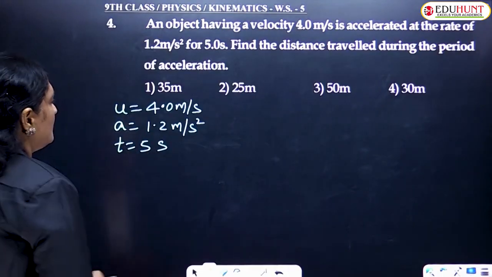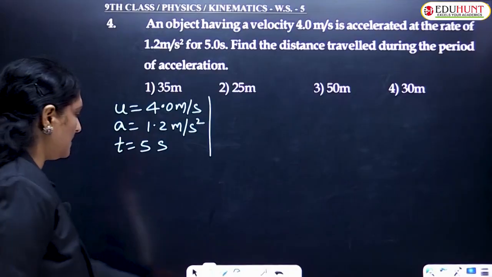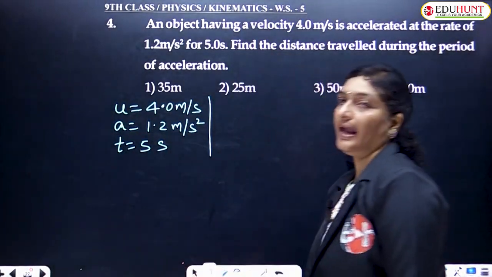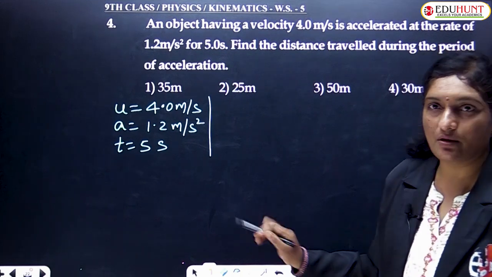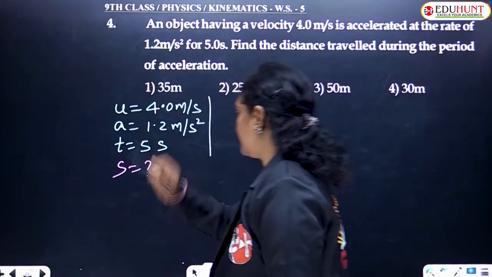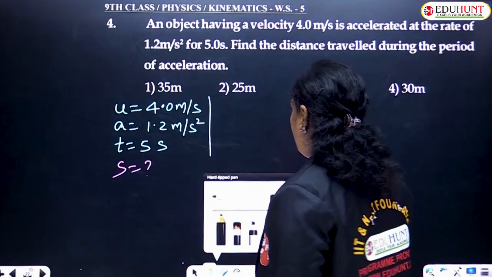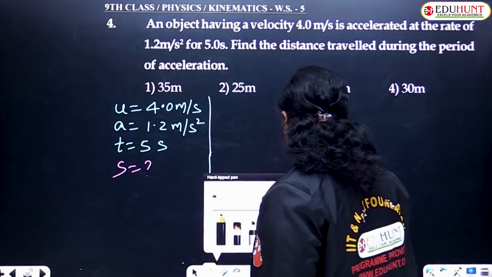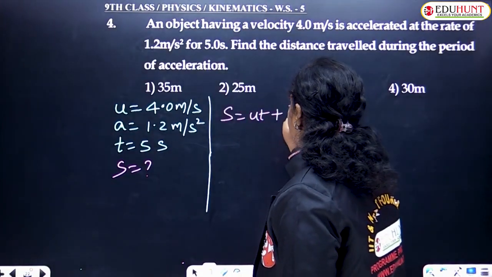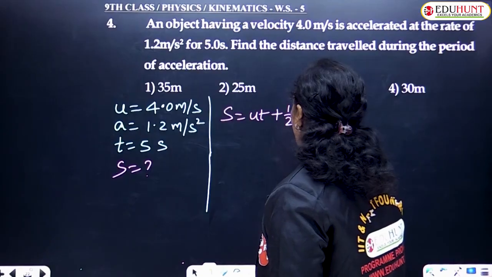You are asked to find the distance traveled. That's it. So you know the values of U, A and T, no knowledge regarding V. So what formula are you using to find the value of S? Yes, we have the only formula, S is equal to UT plus half AT squared.